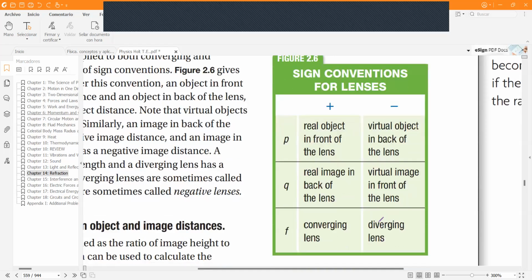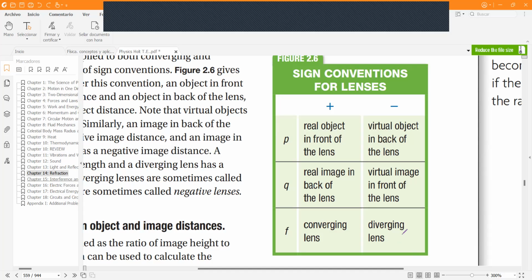Take a look. This is the sign convention that we're going to be using for lenses, okay? Here we have converging lenses and we have diverging lenses. There are two types of lenses. So this defines the sign for the focal point, the image position, and the object's position.